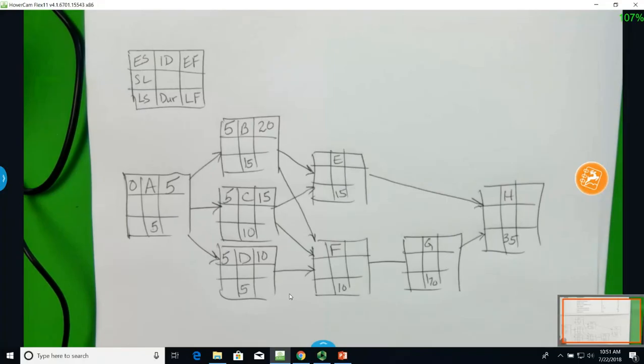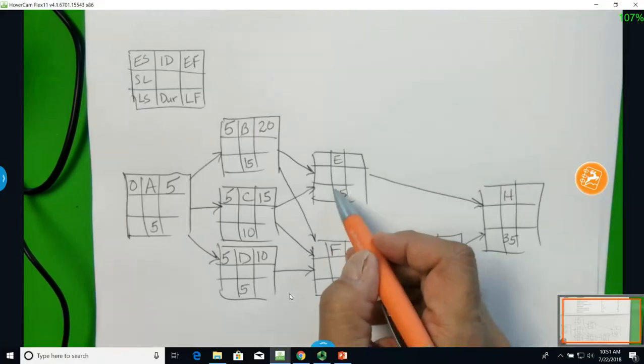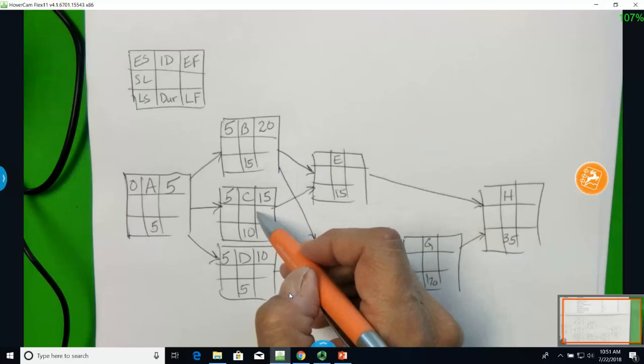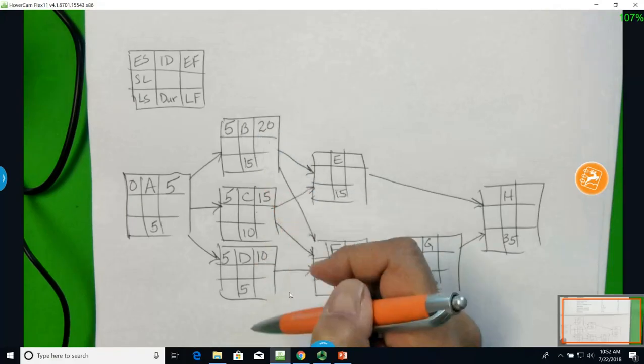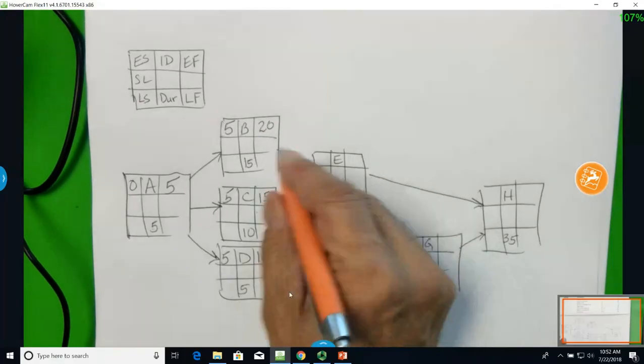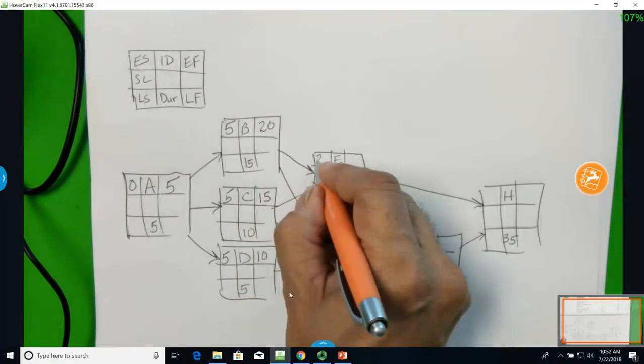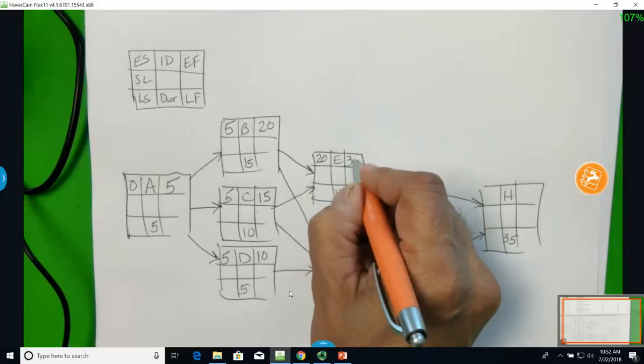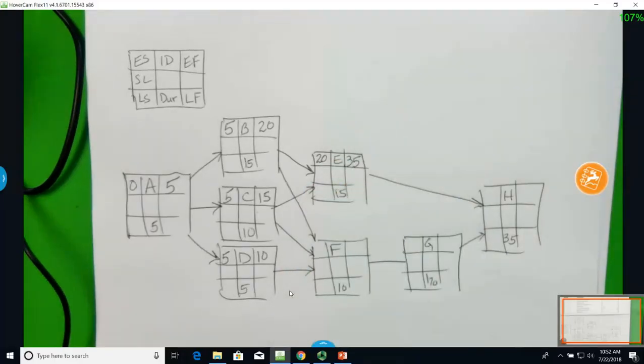Okay, now we have E. E depends on B and C. Well, if it depends on B and C, I can't start until B is done. So I have to take the largest of these values and put it in here. 35, so that's done at day 35.